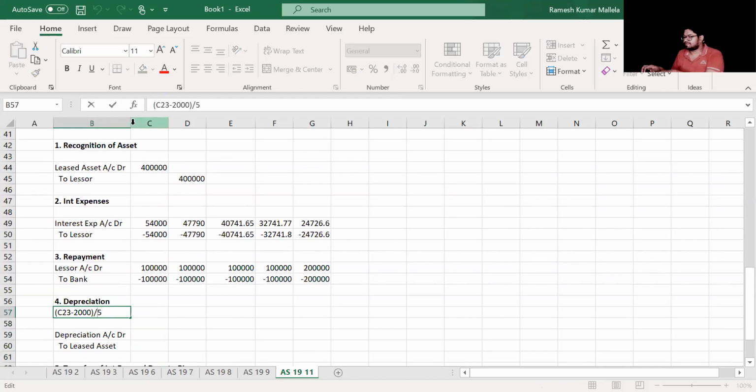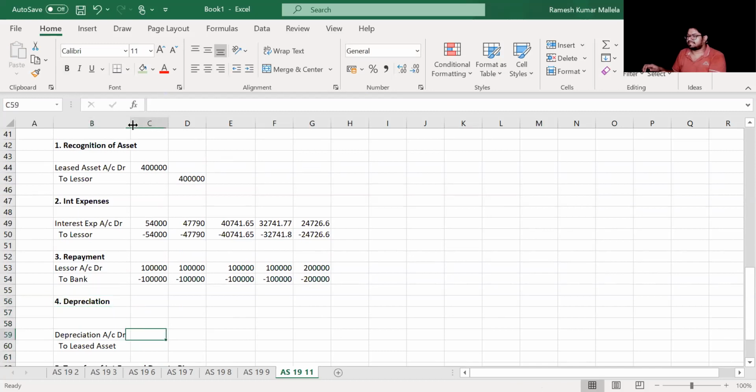So depreciation for the first year is going to be on 4 lakhs at 20%. Yes or no? So that is equal to 4 lakhs into 0.2.